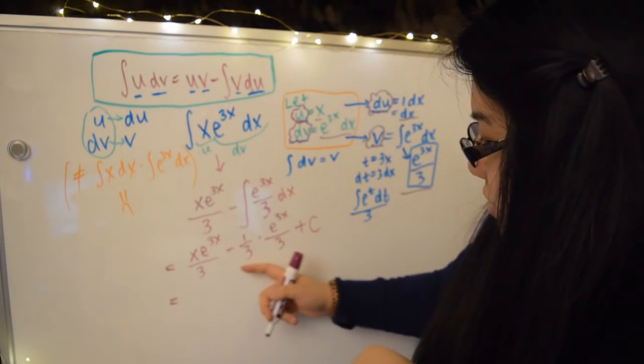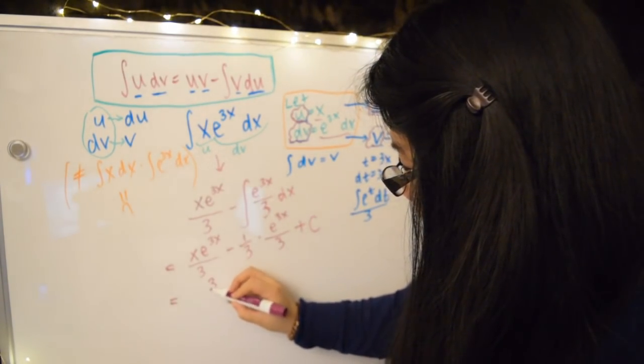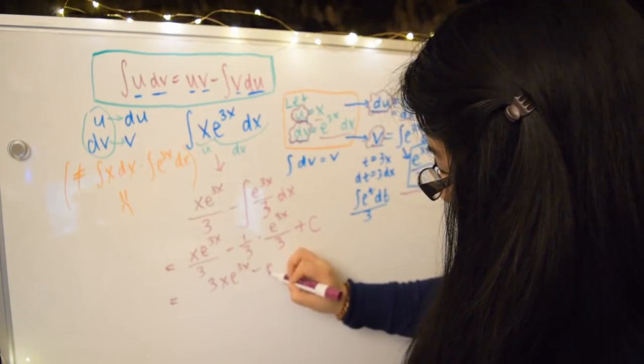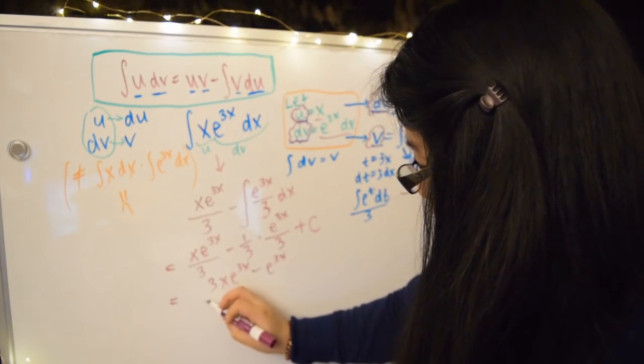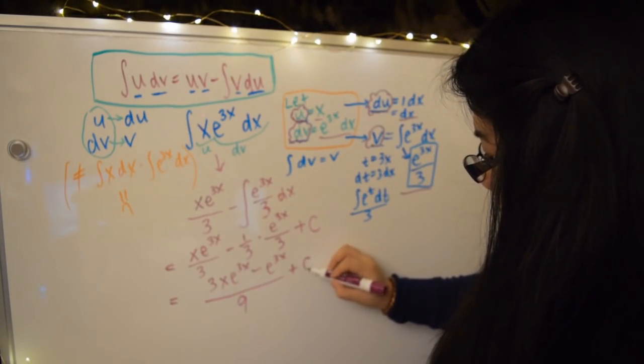You can put it all over a common denominator. So you could do 3x e to the 3x minus e to the 3x over 9, if that floats your boat.